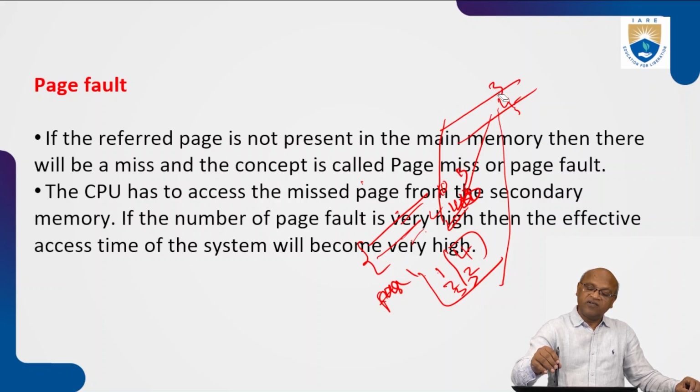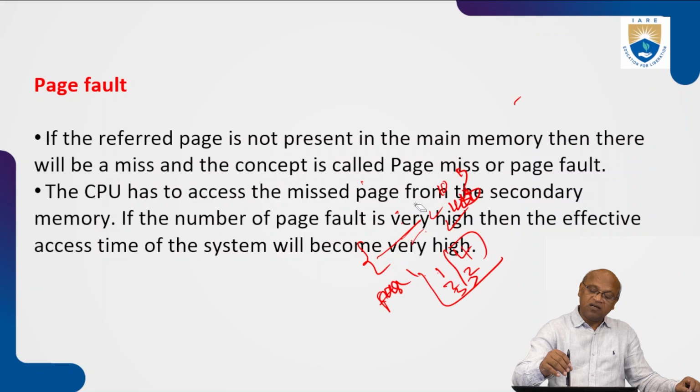Whenever a page fault and page demanding occur, page replacement comes in. Page replacement vacates one of the frames, that page is swapped out, and we create space for the fresh page we are demanding. That page is brought from the secondary memory to the RAM, the main memory. That is called the page replacement algorithm.